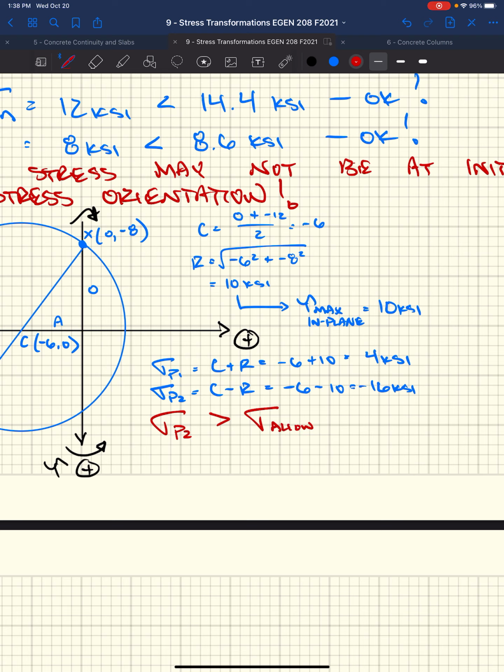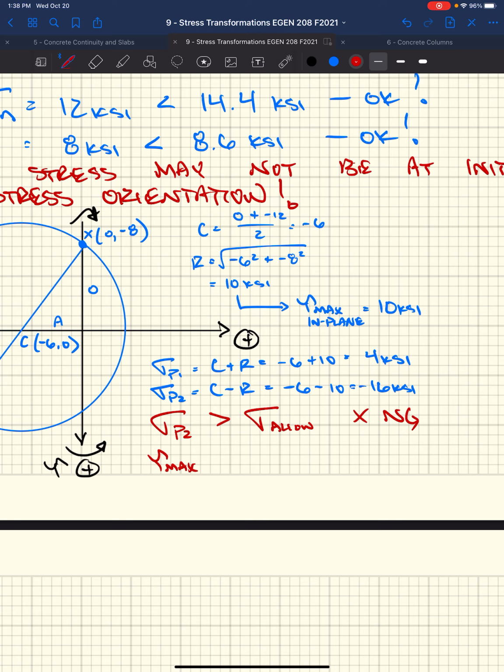Right, we had 14.4 KSI as our allowable. We actually have an orientation or a plane in that shaft where we're going to have 16 KSI in compression, which is beyond our allowable. So that's no good.